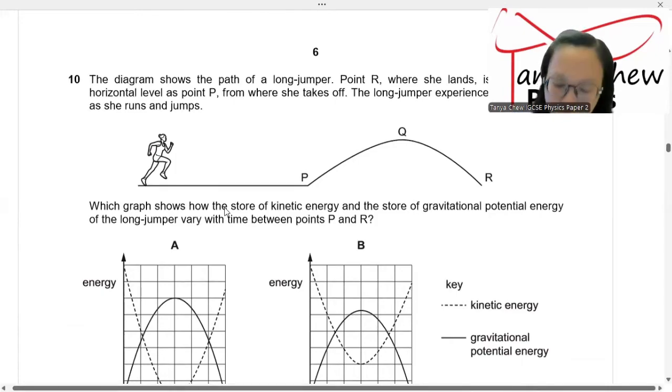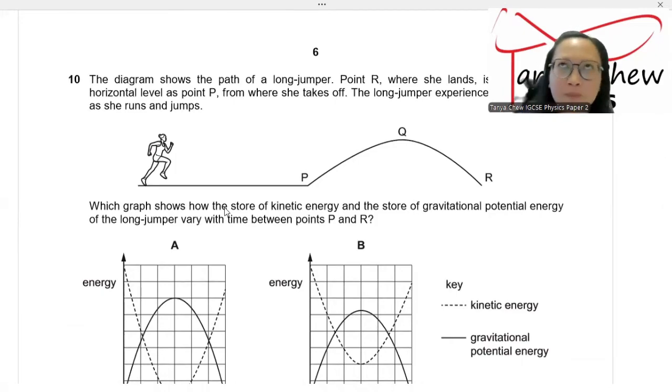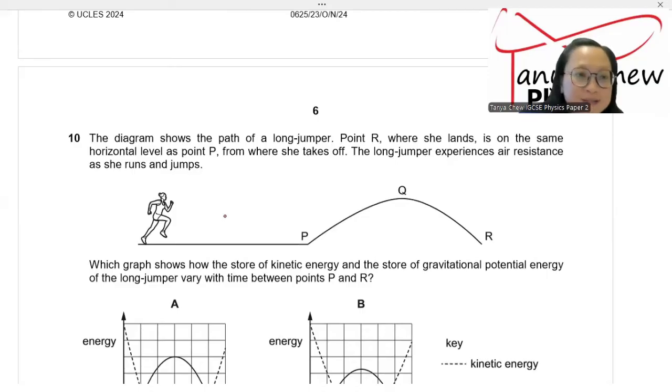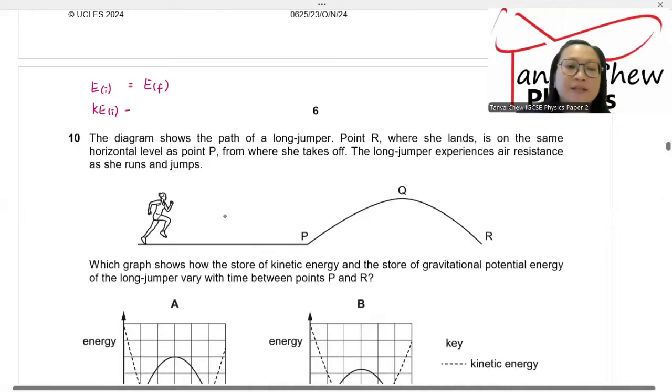In this case, you can actually use the principle of conservation of energy. So I am definitely going to use the principle of conservation of energy, which states that total initial energy is equal to the total final energy. But in this case, because air resistance is acting, the initial energy, because the long jumper must run, is kinetic energy, and her kinetic energy has to do work against air resistance.